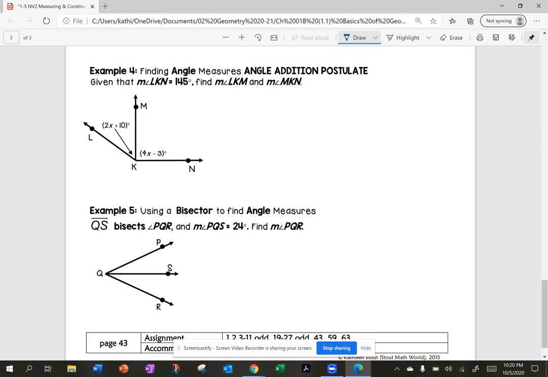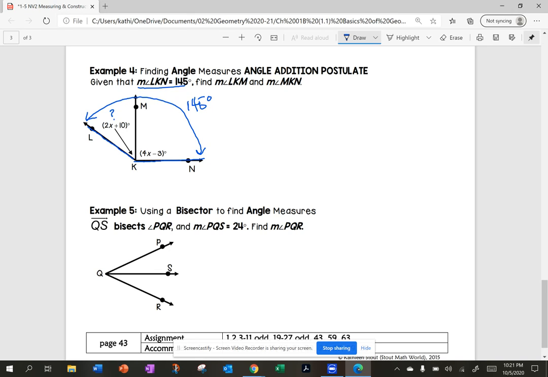Given that the measure of angle LKN, so LKN is the whole thing, is 145 degrees. Find the measure of angle LKM. So I want to know what this angle is.